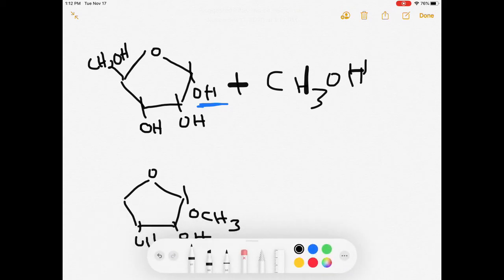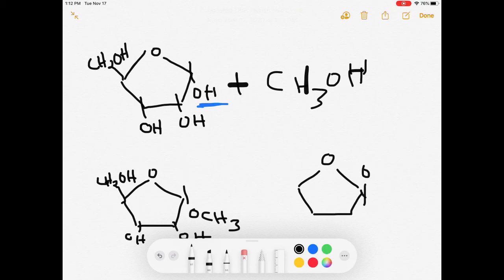Doesn't want to let me do that. Let's try this. And then CH2OH up here. So that would be the alpha. So the beta is just going to have it going up instead of coming down for the glycosidic bond.